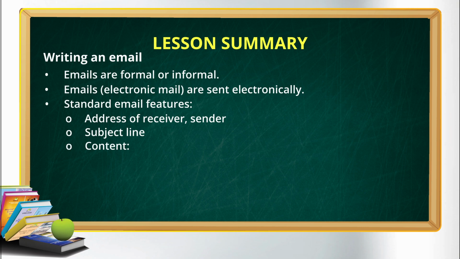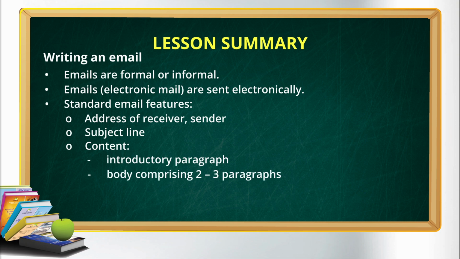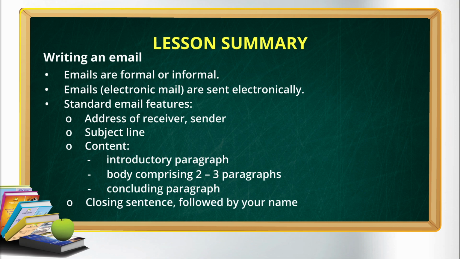After your salutation, you start writing your email, keeping in mind that you should have an introductory paragraph, a body comprising 2 or 3 paragraphs, then the concluding paragraph. Last but not least, write a closing sentence followed by your name.